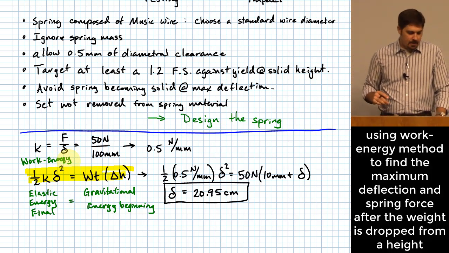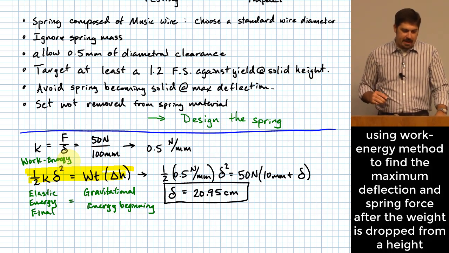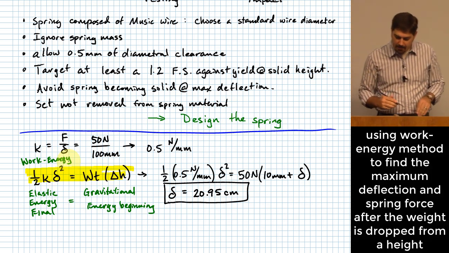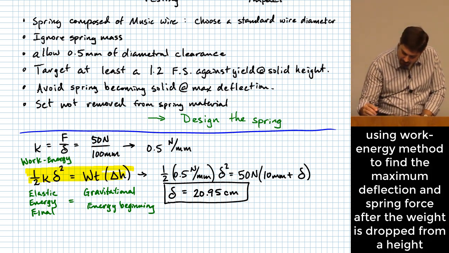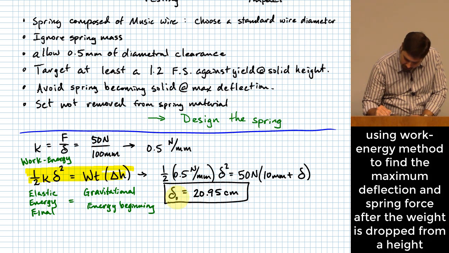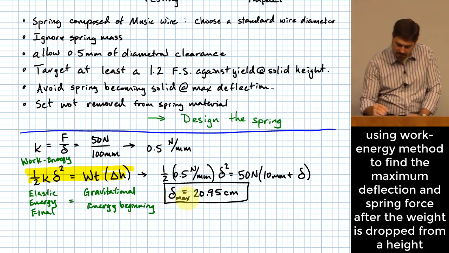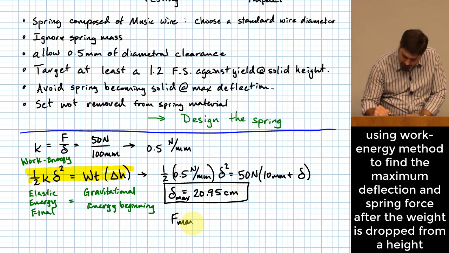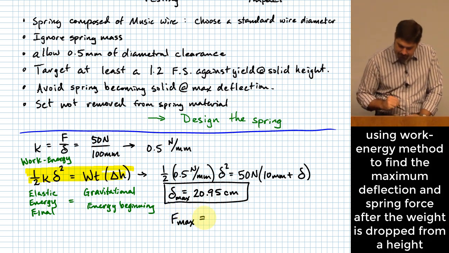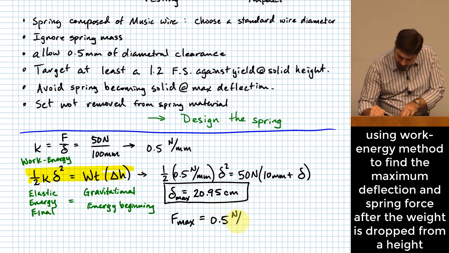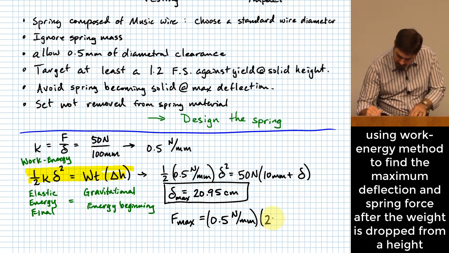Okay, all right, so now that we know that that's the deflection, how much force do I have in the spring at my maximum deflection? So I could even put a little subscript on here if I want, that this is my maximum deflection that I'm going to expect in service. And so my maximum force that I expect in service is just equal to 1/2 of a Newton per millimeter times a deflection of 20.95 centimeters.